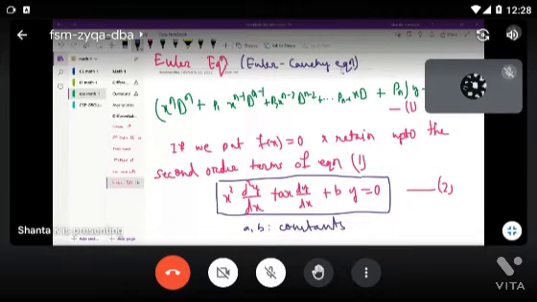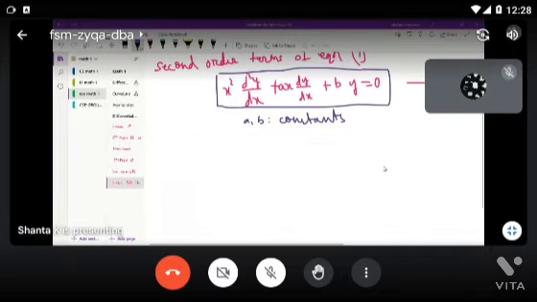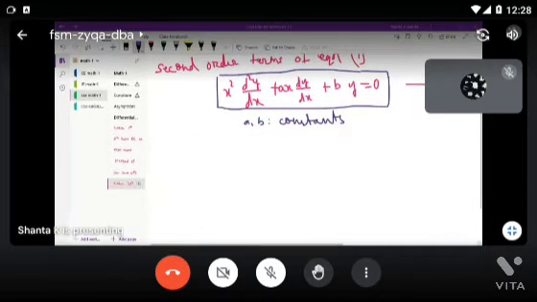You will see in some books it's Euler-Cauchy equation or only Cauchy equation. We can solve this equation simply by substituting. We will do one substitution for this particular form of equation when you have x square d square y by dx square plus a x dy by dx plus b y equals to 0.